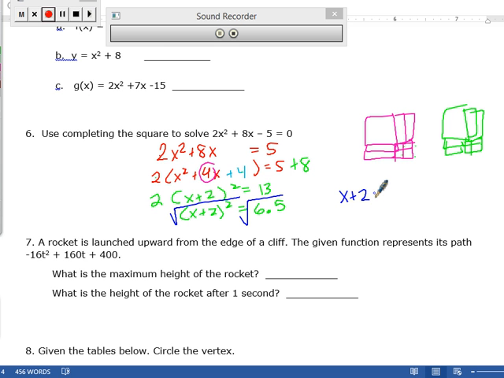So x plus 2 equals plus or minus the square root of 6.5. I already did this one, so it was 2.54. So then I have x plus 2 equals 2.54, and x plus 2 equals negative 2.54. And that's going to give me these two answers of 0.54 and negative 4.54.